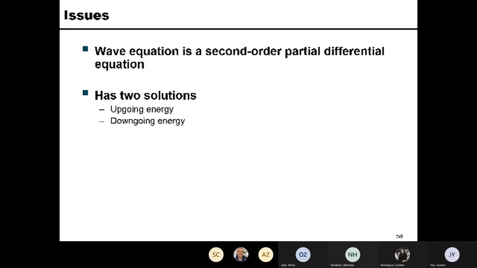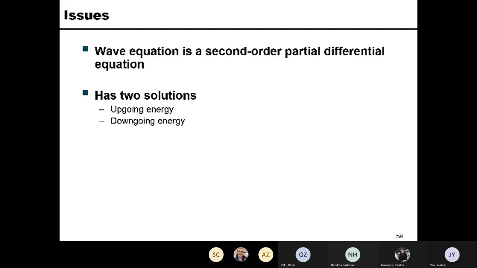Now, issues with the wave equation. We know the same wave equation is applicable to all the different depths of a downward continuation. But how do we solve the wave equation? First of all, the wave equation is a second order partial derivative.